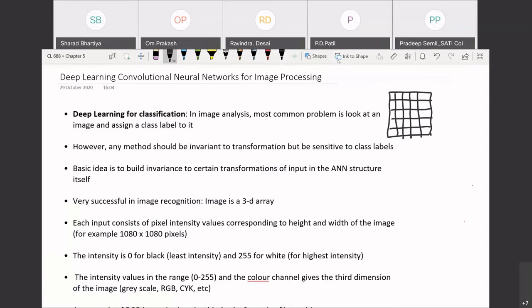So a gray scale image is just a matrix. This is my input P. The intensity is 0 for black and 255 for white, so it's only an integer between 0 and 255. So it's very straightforward to store it.